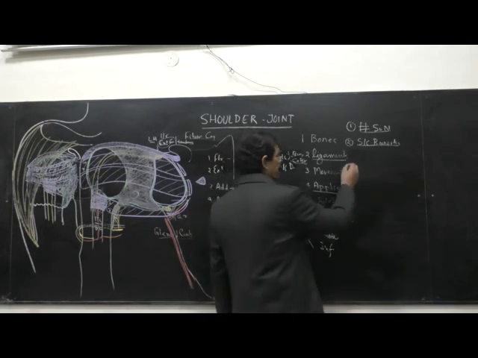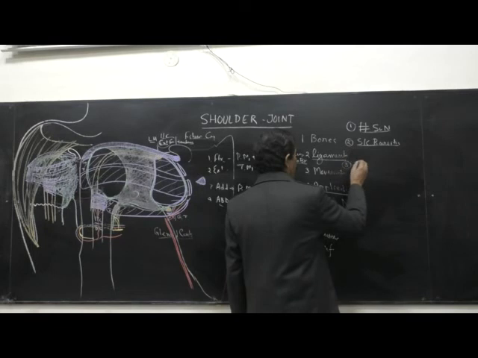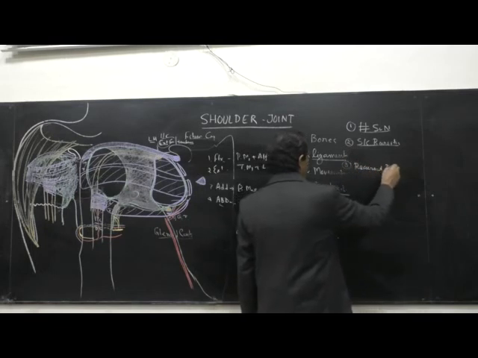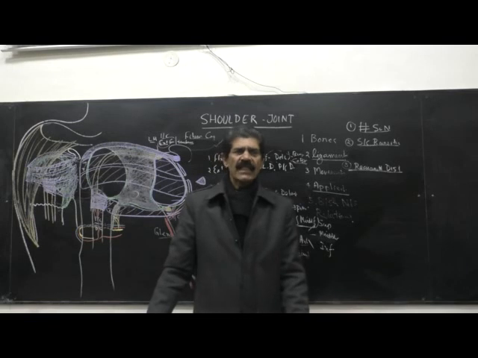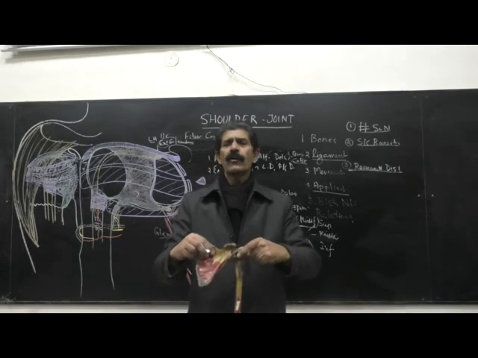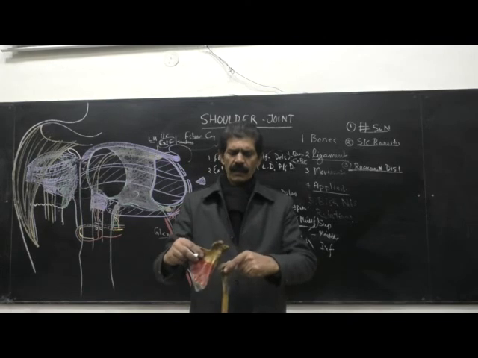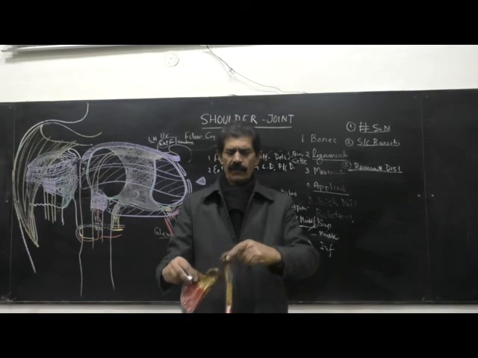Another related condition is the recurrent dislocation. Recurrent dislocation of the shoulder joint is also very common. Various factors act on the shoulder joint which bring about the dislocation. Inferior dislocation is very common, anterior dislocation is less, superior is not.